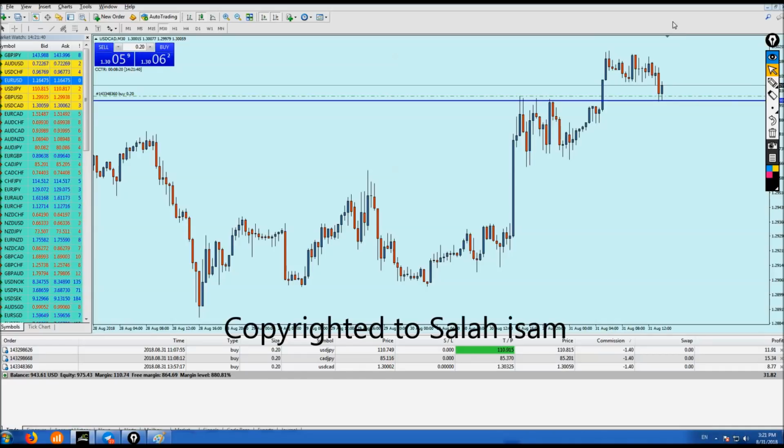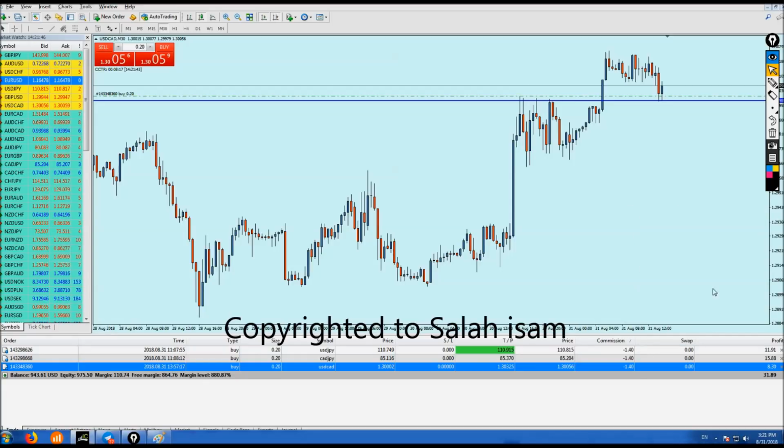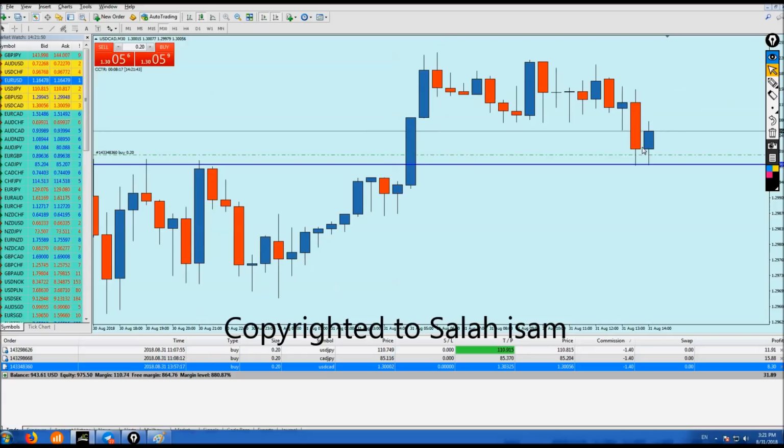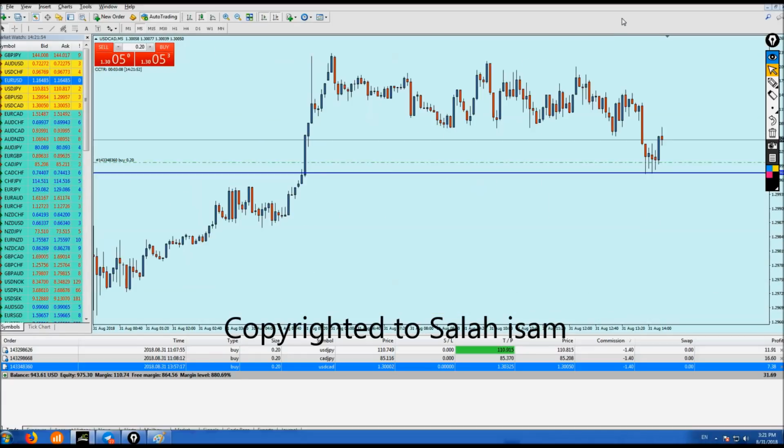closing this trade. I closed the first trade at a loss. Now I lost it, but still I'm in profit from the other trade. Now I will just watch how the candle is moving. So far it looks like it will go more up, but I'm thinking if I should close it with a profit.